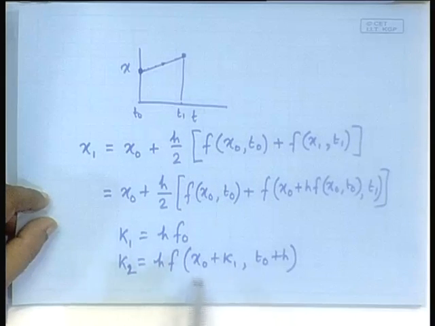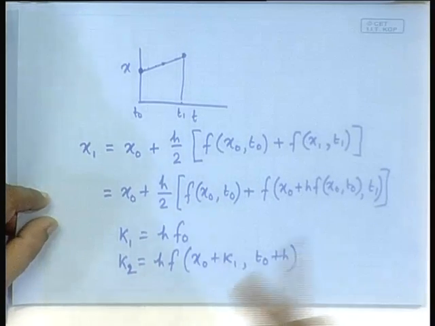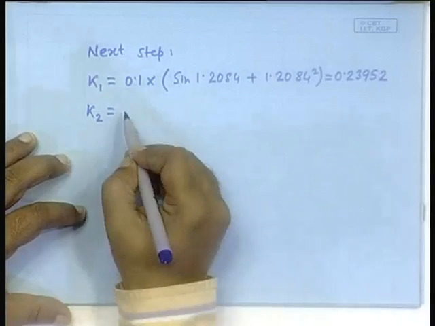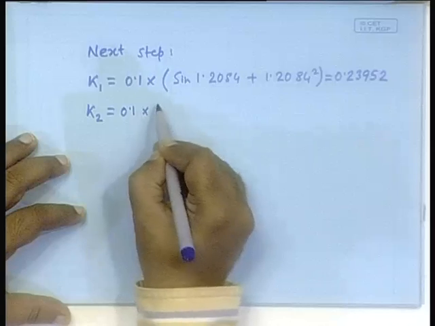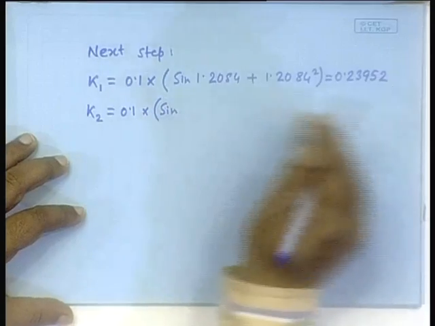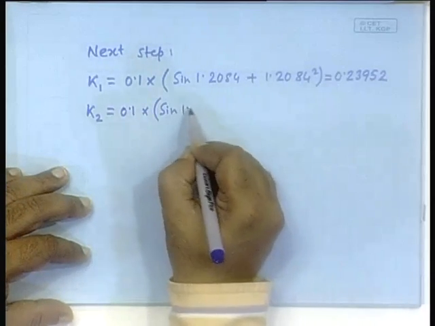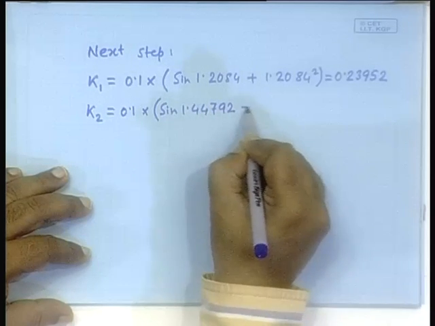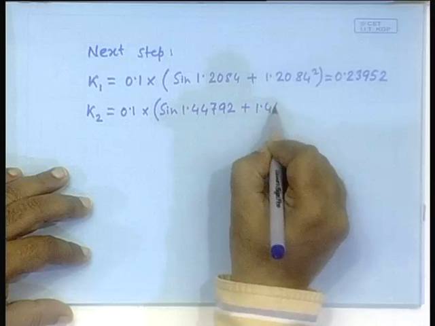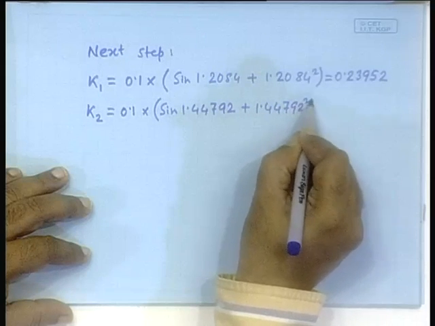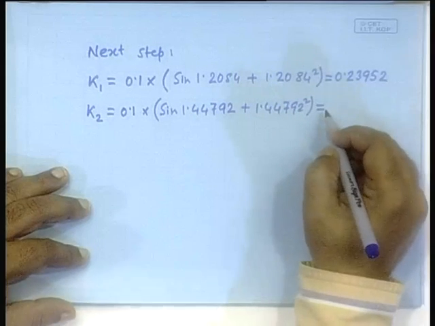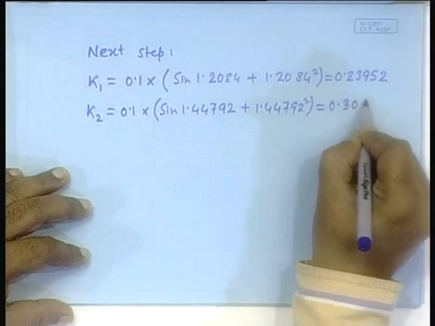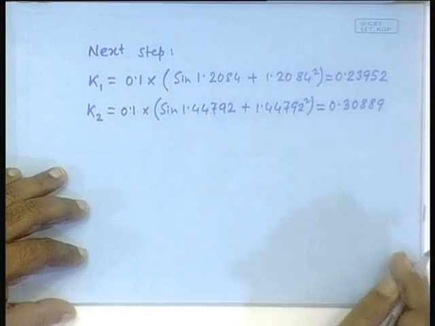So, you have to calculate the f at the next instant. So, it is 0.1 times sine 1.44792 plus 1.44792 square is equal to 0.30889.